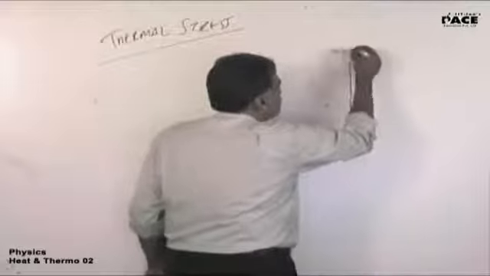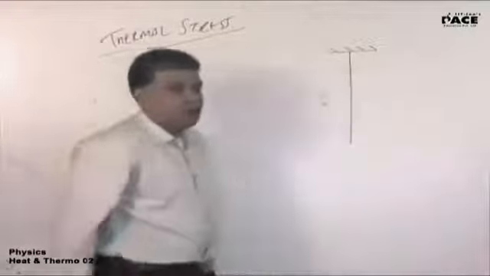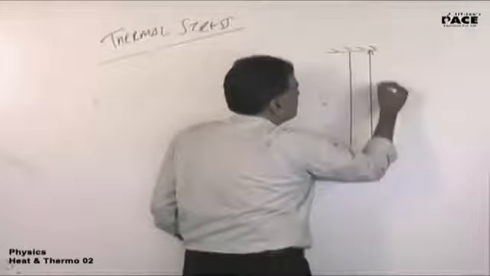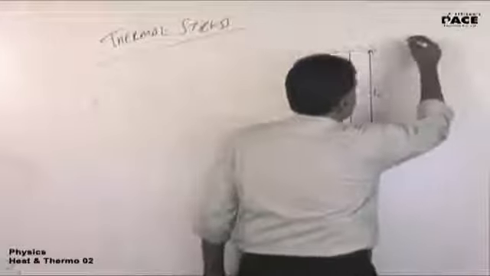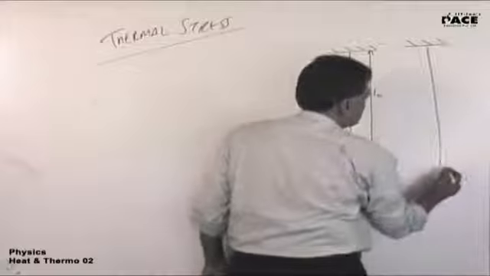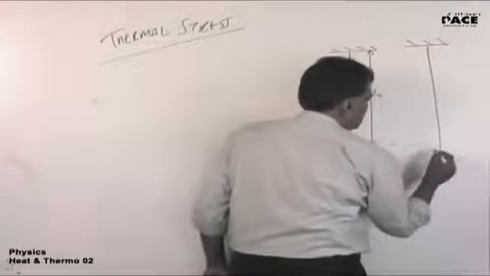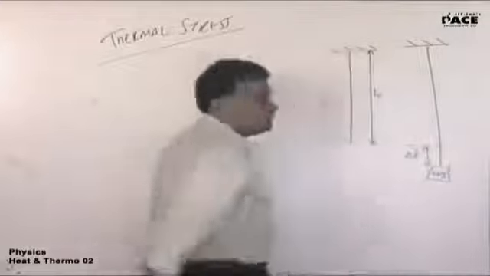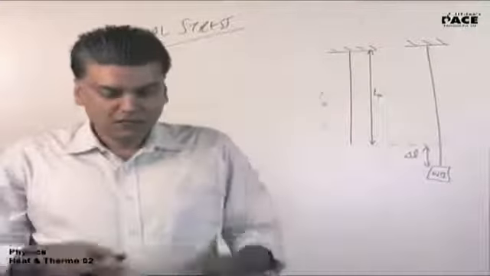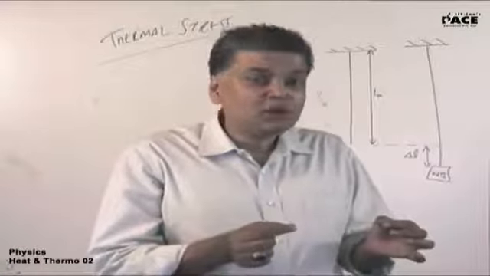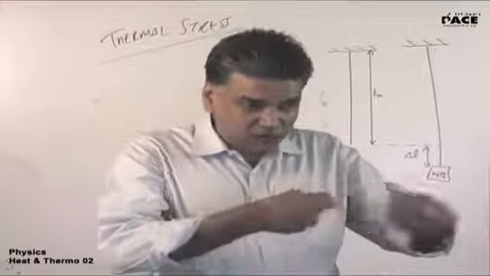Now, if you have a wire, and it has a natural length, let us say L0, and then you hang some weights on it. When you hang some weights on it, this wire will get stretched. There will be a change in length. If it's a steel wire, then also there is a change in length. In a rubber band, we are very clear that you can pull it like that.